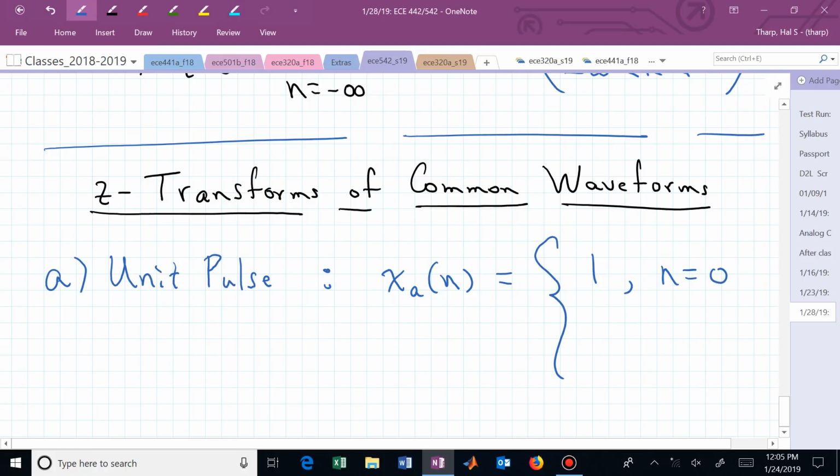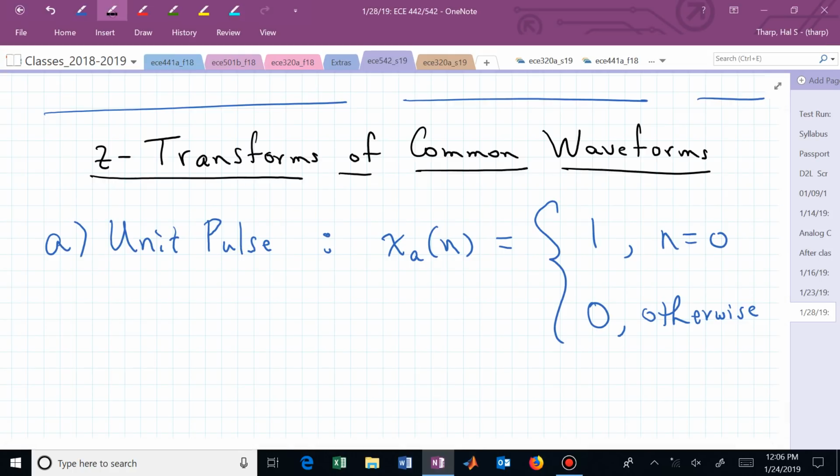When the argument is equal to 0, it has a value of 1, and it equals 0 for any other values of the argument n. You might run across this and they call it the unit impulse, which is really what's happening, except now this impulse has just a magnitude of 1.